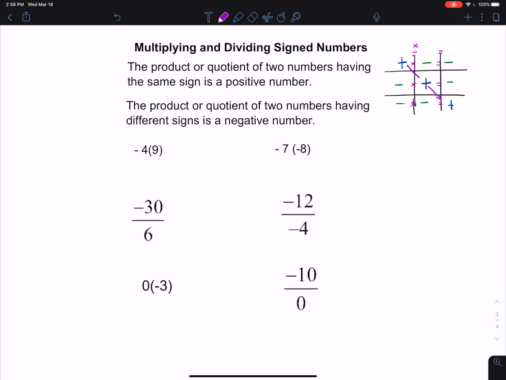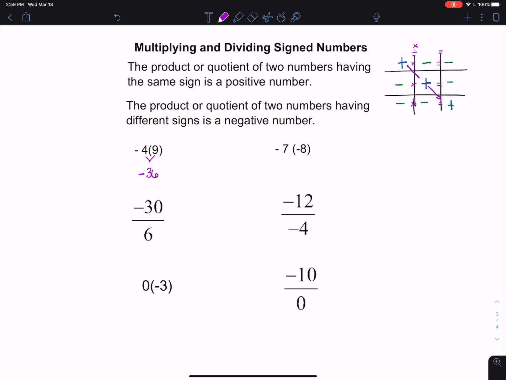And we just saw the same rules that work for addition, the same rules that work for multiplication also work for division. So if we look at negative 4 times 9, I know the number parts, 4 times 9 gives me 36. And then they're different signs. One's positive, one's negative. So my answer has to be negative.